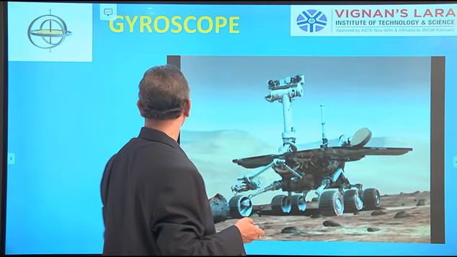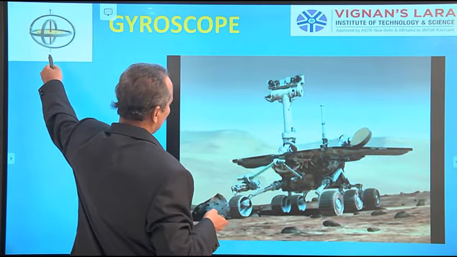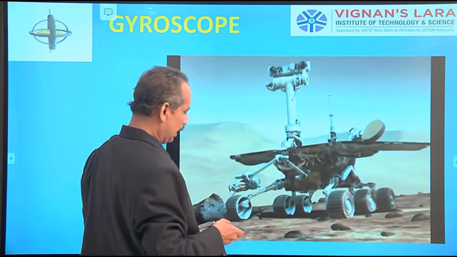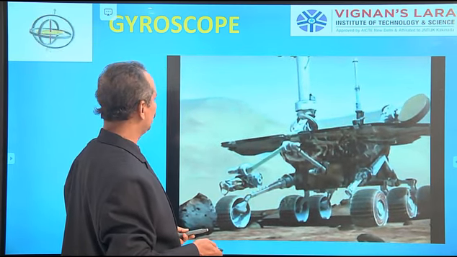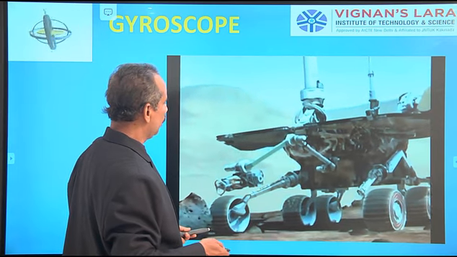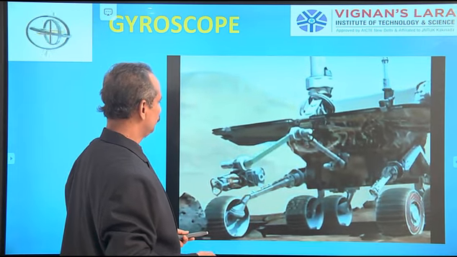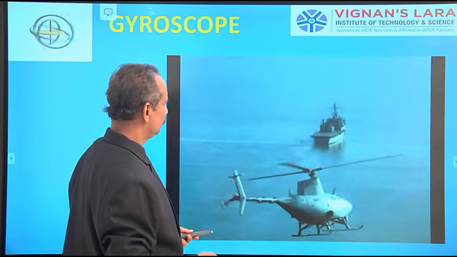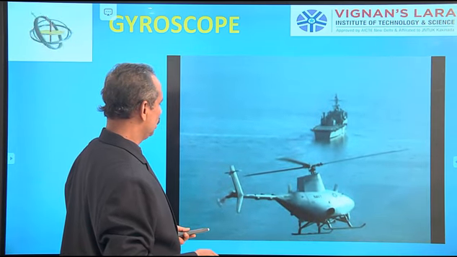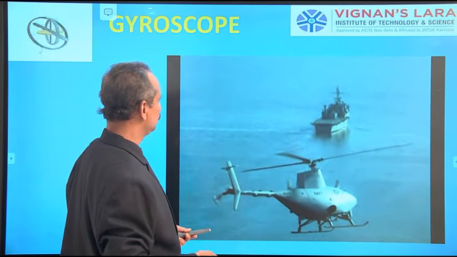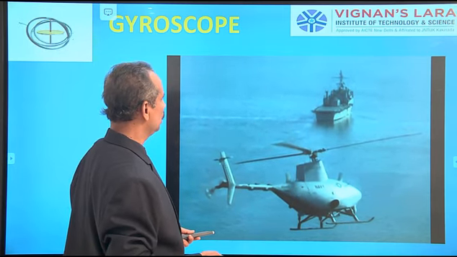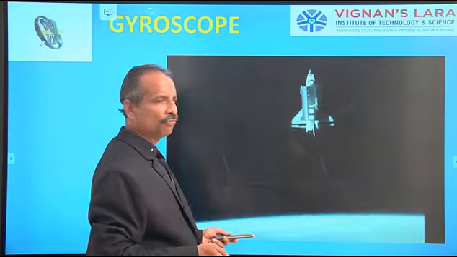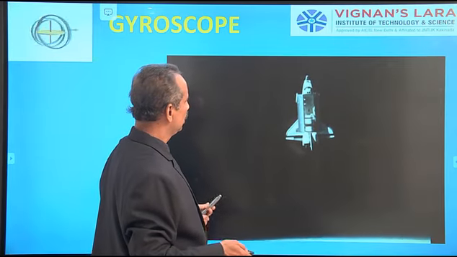This is actually the gyroscope in this diagram. And these are certain practical applications, like war equipment, ships, and helicopters. In all these devices you can watch the application of the gyroscope.